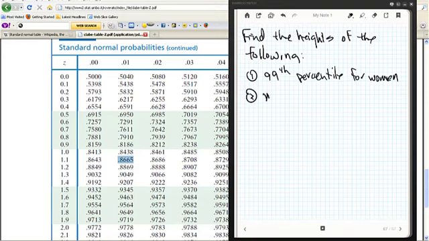And two, let's find the middle 88% for women. Okay? Now, whoops, for women. I don't know why I did that, but we'll do it anyway.